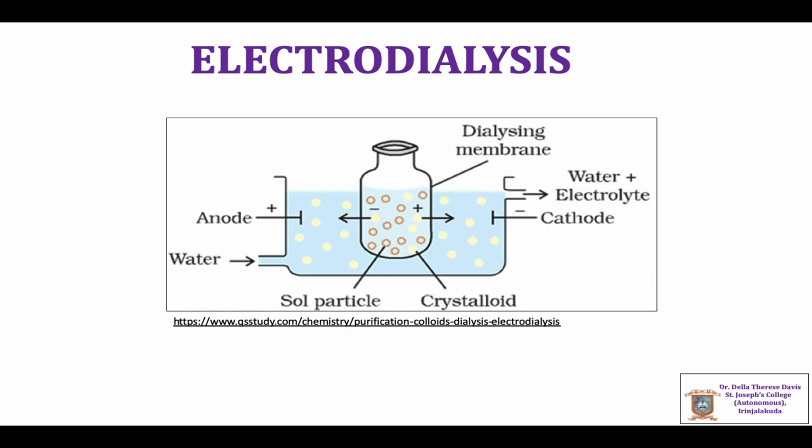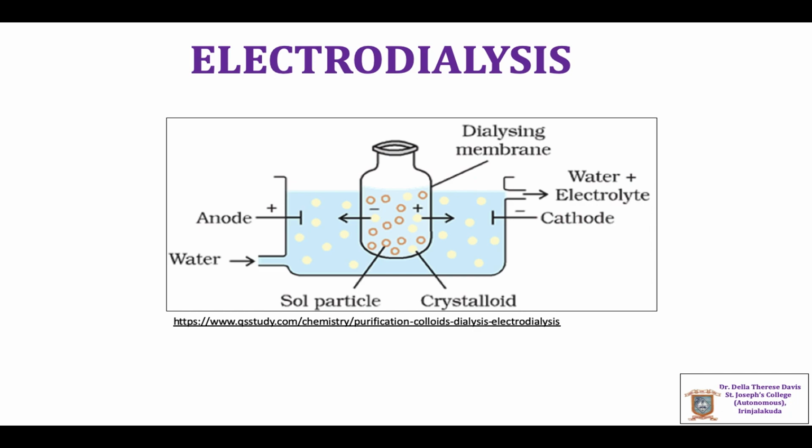The mixture is placed between two dialysing membranes and pure water is taken in a compartment on each side. Each compartment contains one electrode, one is the anode and the other is the cathode, and the required voltage is applied to the system.